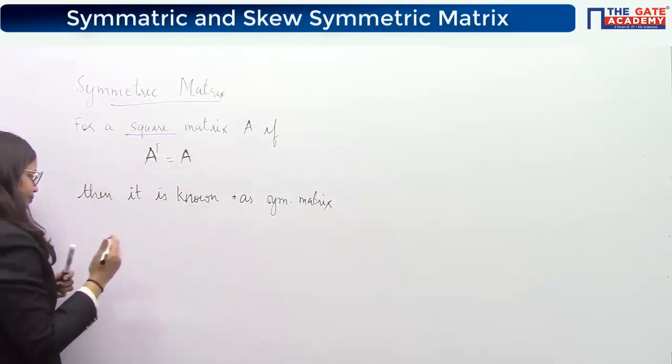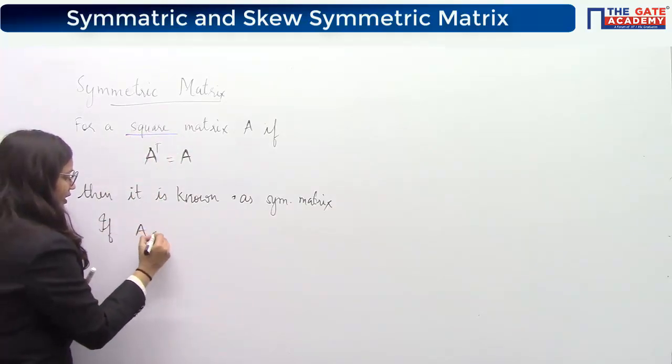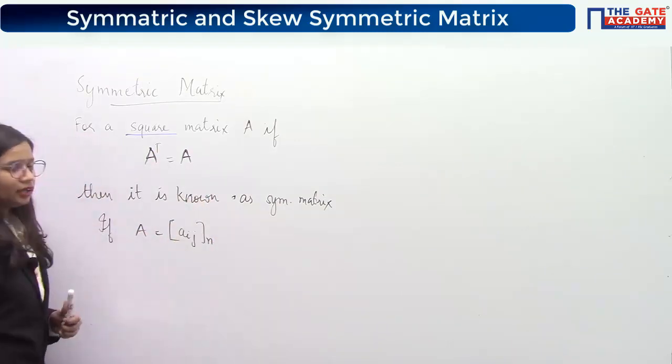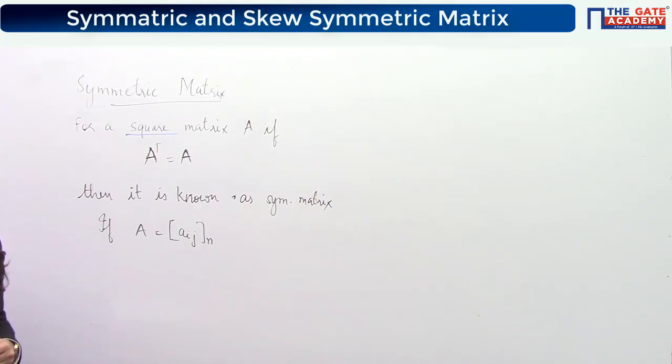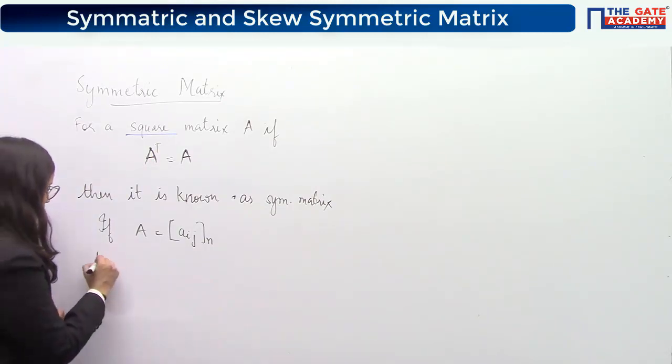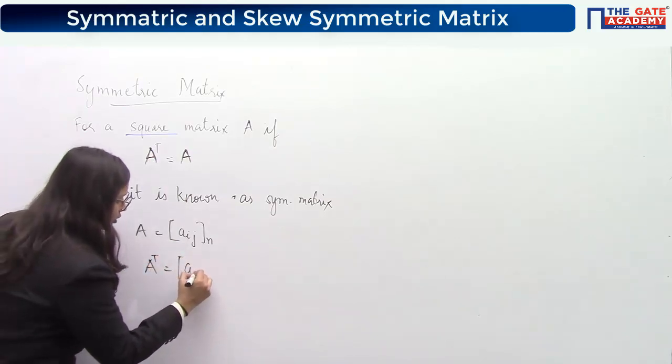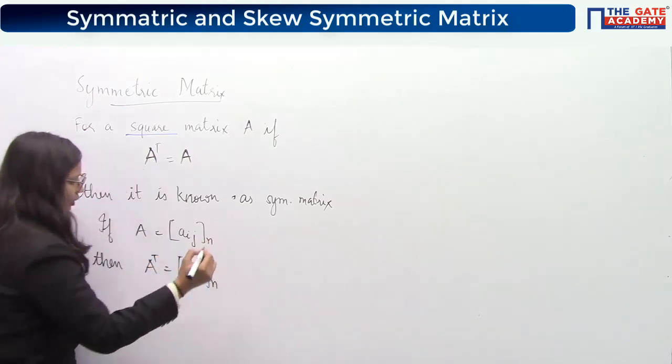Now let's say A is defined like this: A_ij of order n. We have already said it is a square matrix. Then A transpose, we have seen, will be equal to A_ji of order n.